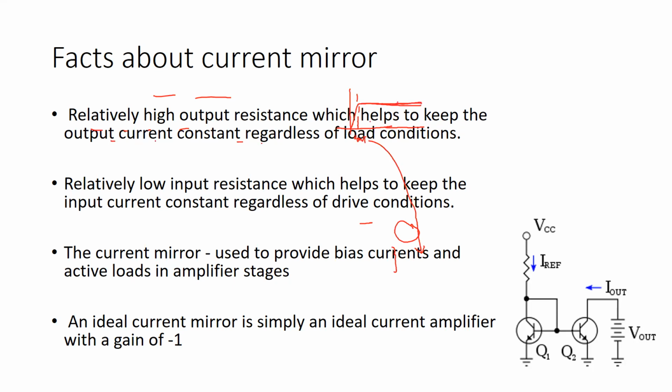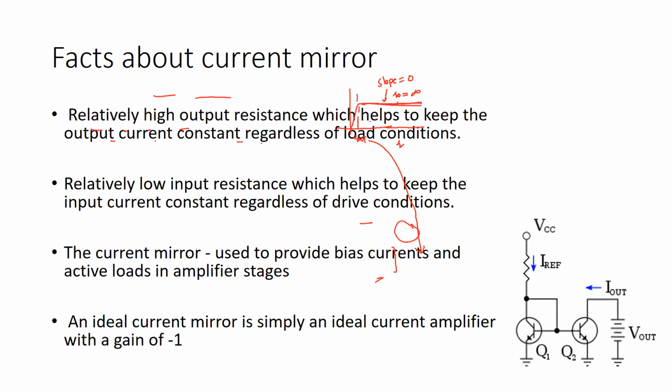So if the current is constant with respect to voltage, as you can see, the slope of this line is equal to 0. So the output resistance of the transistor Q2 is actually infinity, right?